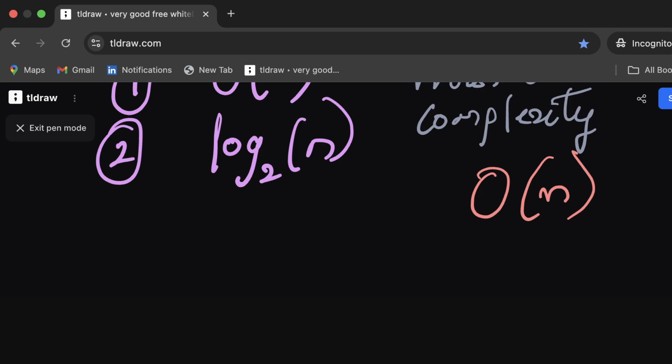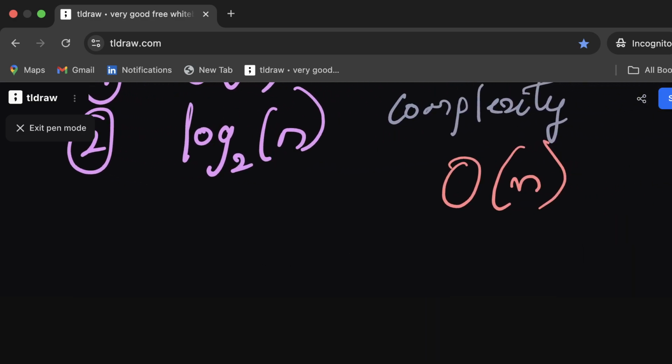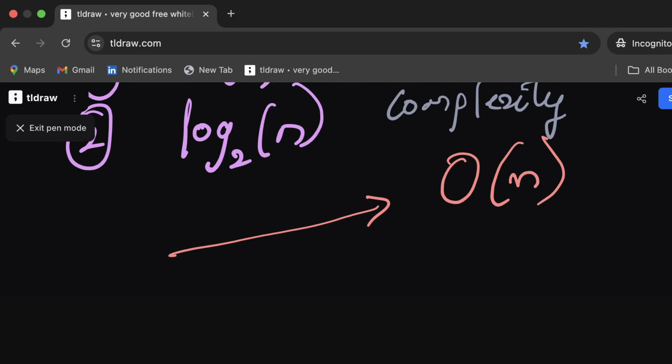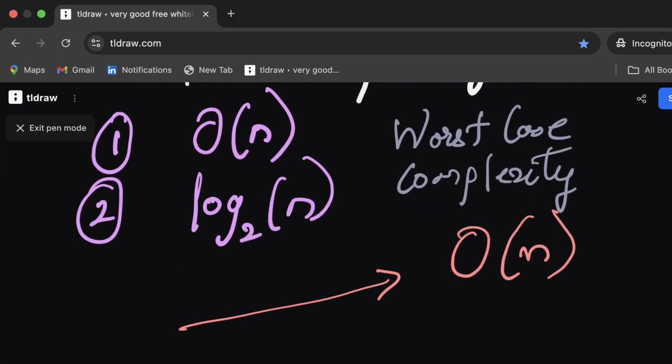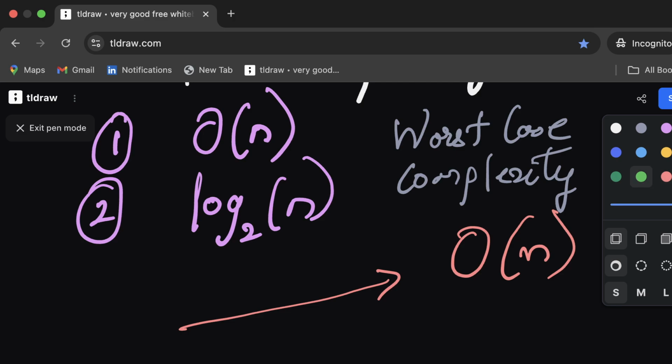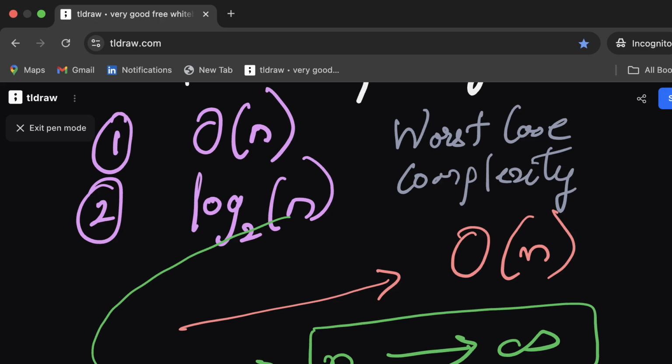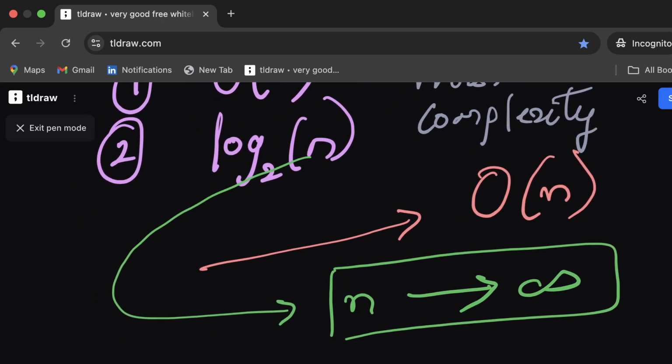So when we deal with complexities, we say how the algorithm is performing when the input is high, when n is tending towards infinity. This is what we say in asymptotic analysis, right? We say that n has to tend towards infinity.